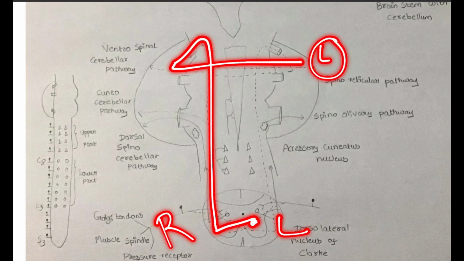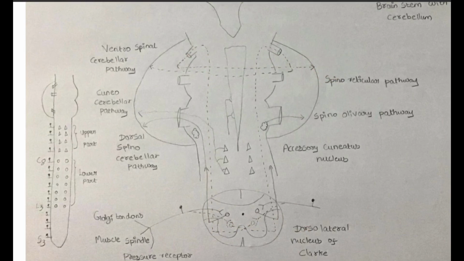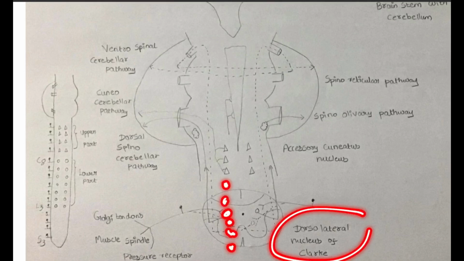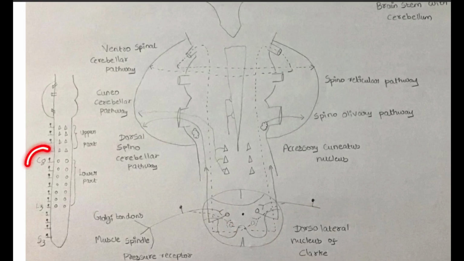So in this pathway, these second order neurons are known as the dorsolateral nucleus of Clarke. You can see this dorsolateral nucleus of Clarke from the vertebrae C8 to L3. C8 is the cervical vertebra, L3 is the lumbar vertebra and S3 is the sacral vertebra.